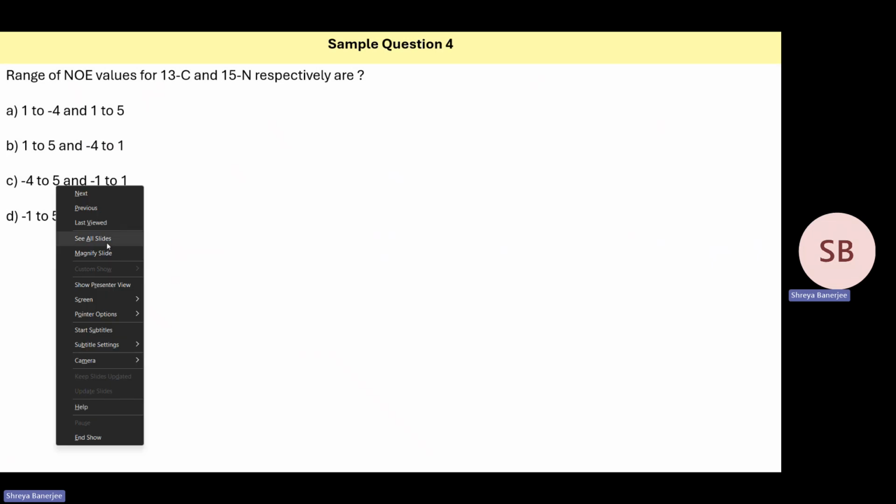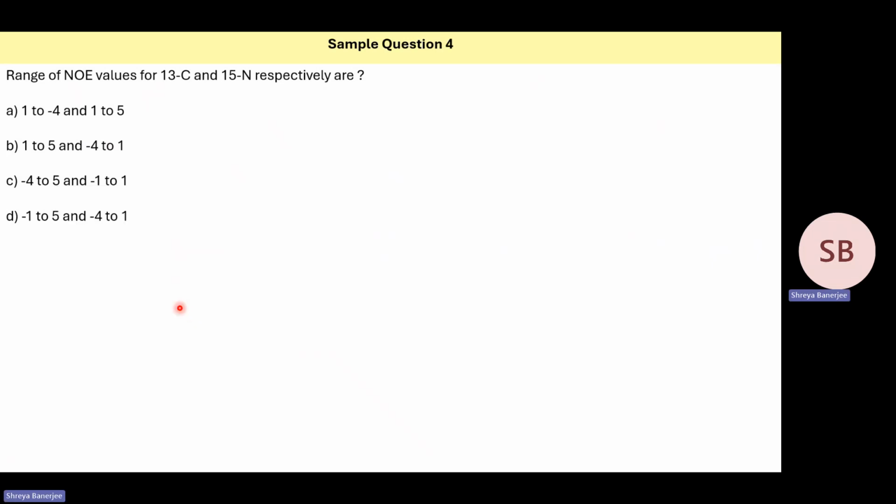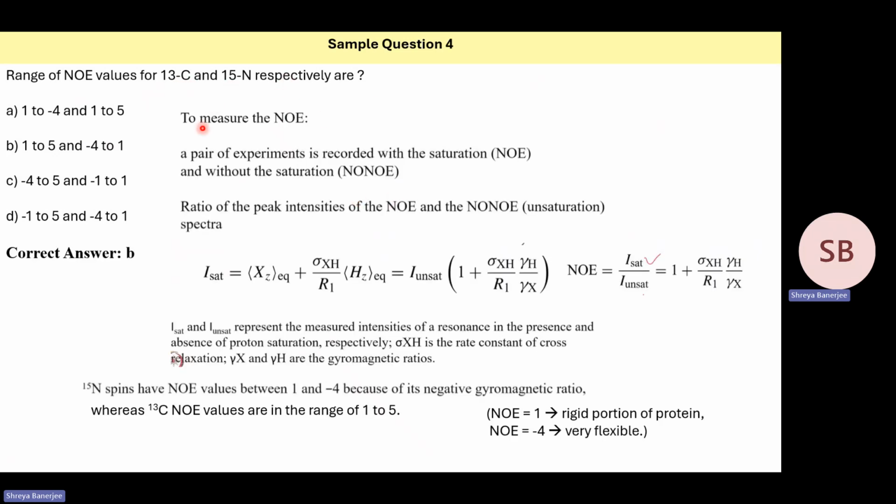Then you have a question saying, range of NOE values for 13C and 15N are what? So now we will go back to the equation of NOE, where NOE is calculated as the intensity of saturation by intensity of unsaturation. If you remember, we do two experiments. One where the RF pulse is added, that we are calling the I saturation, and one without the addition of RF pulse, where we are calling I unsaturation.